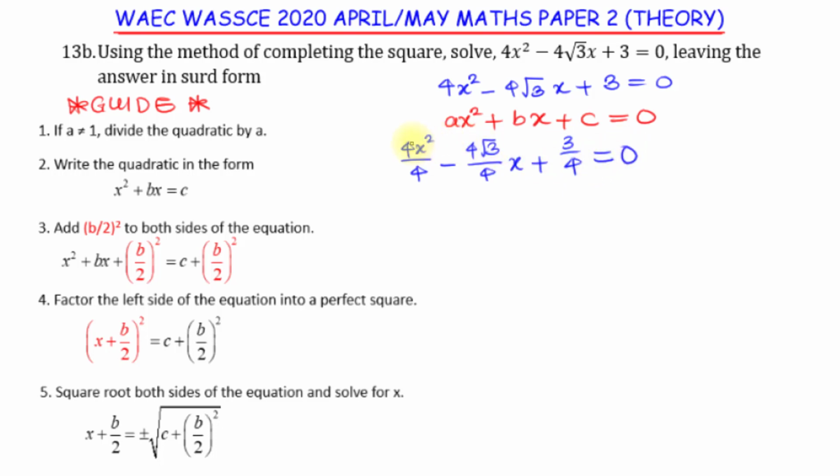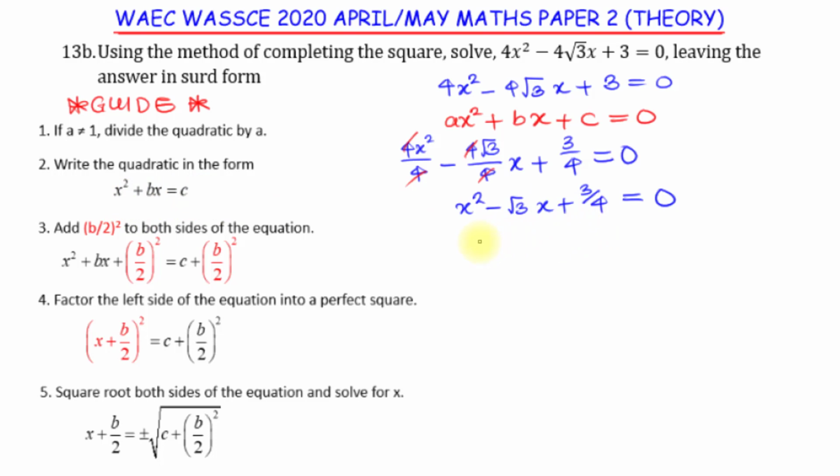Here we can see that 4 cancels 4, and this 4 also cancels this 4, and our equation now becomes x squared minus root 3x plus 3 over 4 is equal to 0. Then, in the second step, we write the quadratic so that the variables are on the left hand side and the constant on the right hand side.